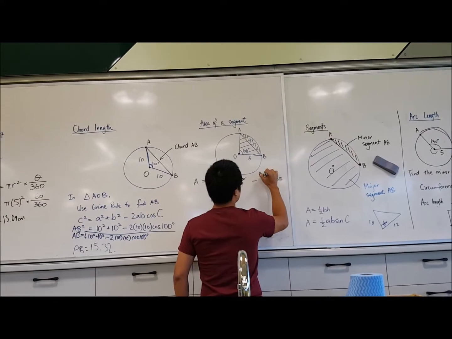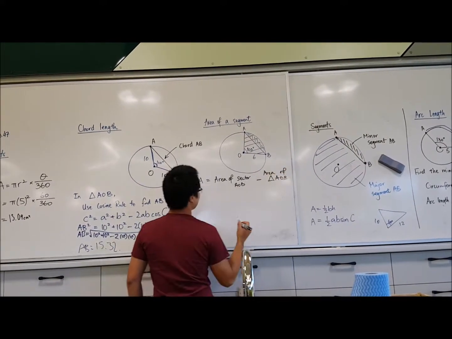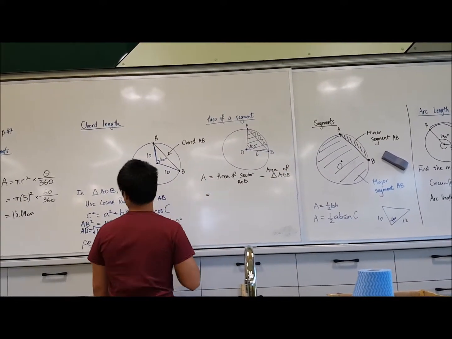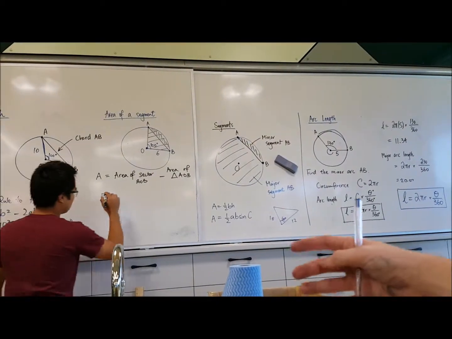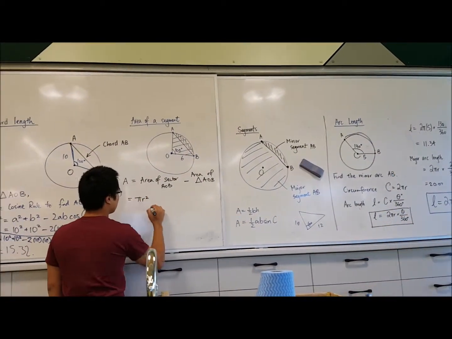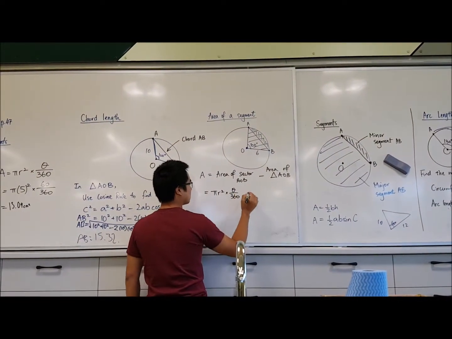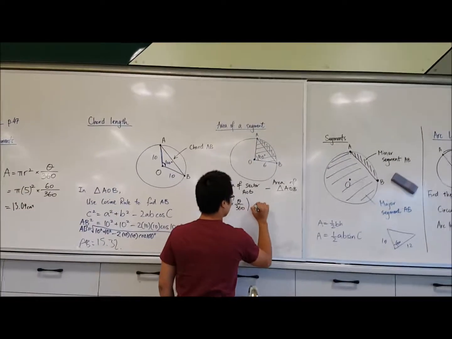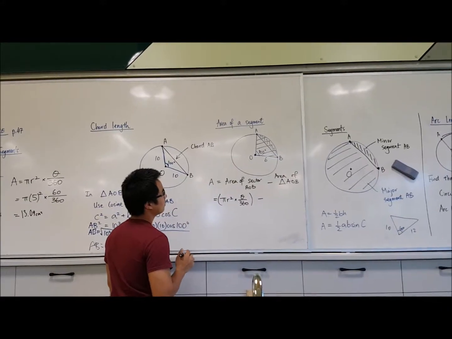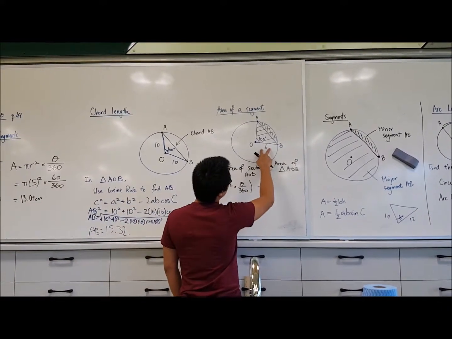The sector area is pi r squared times the angle over 360. That's the sector. Take away triangle AOB.